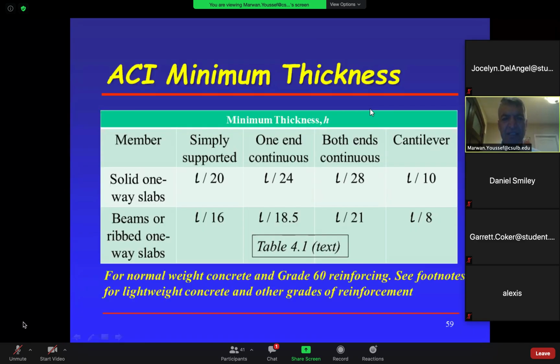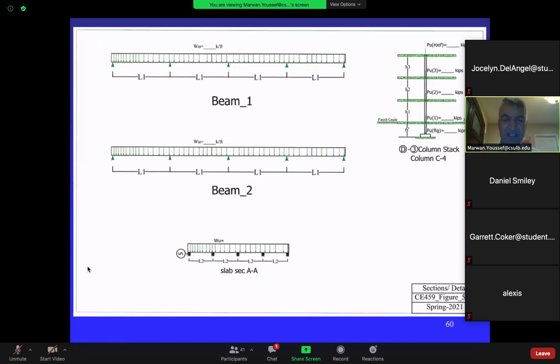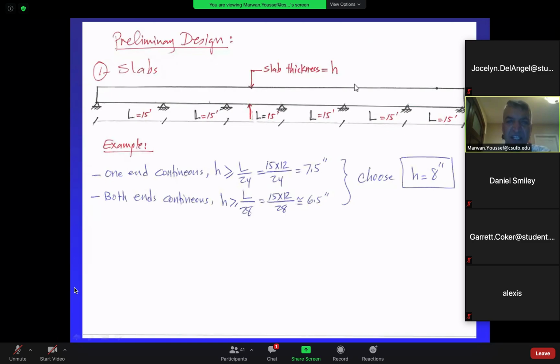Looking at the table, both ends continuous is L over 28. So what's L over 28? L is 15 times 12 divided by 28, which gives me 6.4 inches. So the code tells me the interior spans can be 6.4 inches, but the exterior span has to be 7.5 if I'm not going to worry about deflection.